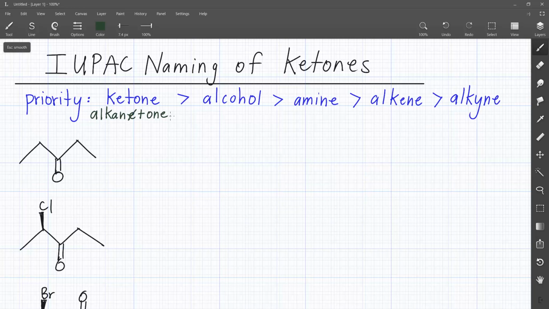Now, the O-N-E will be our last name, the ketone, and these will be the prefixes, since the ketone has a higher priority than the alcohol. OH will now be hydroxy.